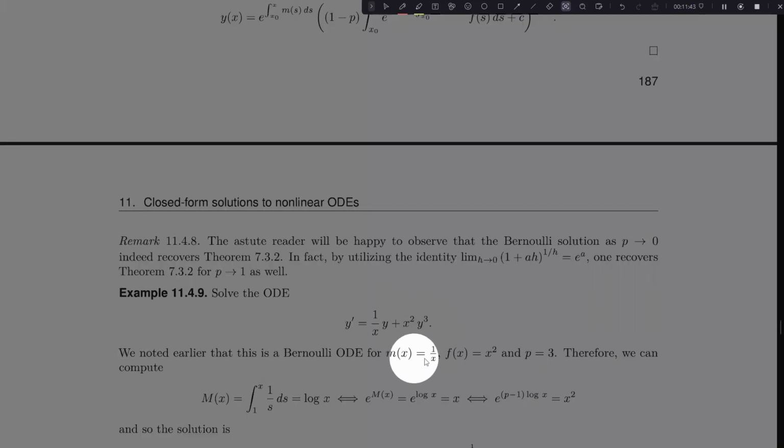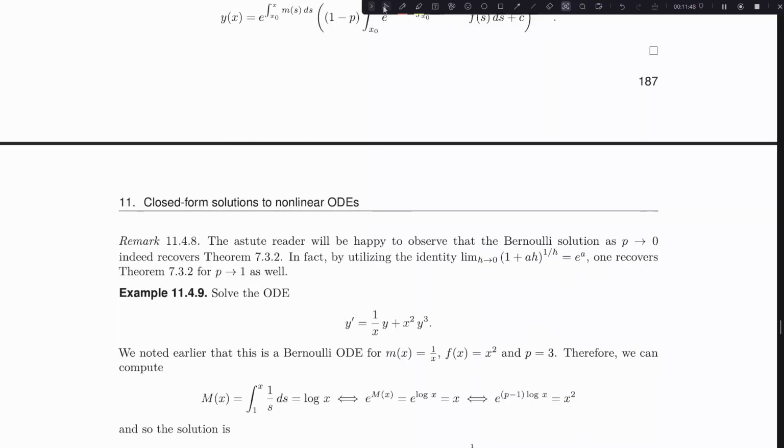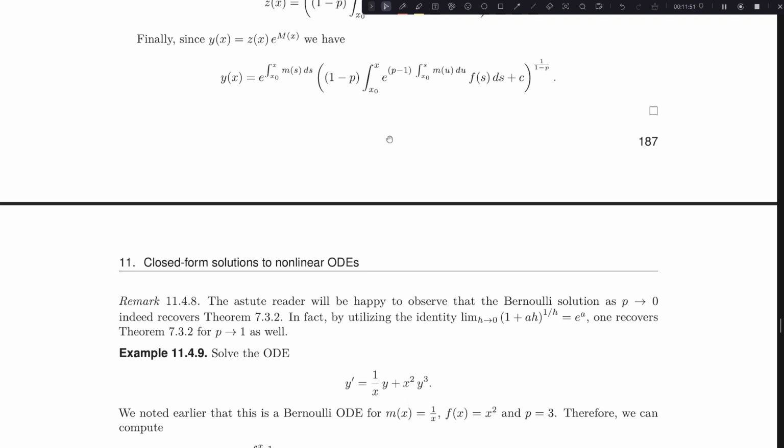Okay, so now we can solve the ODE using our proposition, because we've identified this as a Bernoulli type ODE where m is 1 over x, f is x squared, and p is 3. So let's just jump up to our solution right here, and I'm going to do this by hand for all of you so you don't have to read everything through. We're going to take e to the integral of 1 over s ds, and then we're going to multiply by 1 minus p. P was 3, so the 1 over s, this was m, p was 3.